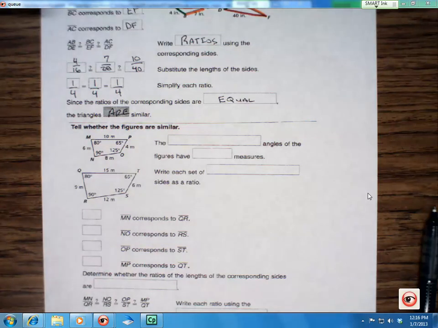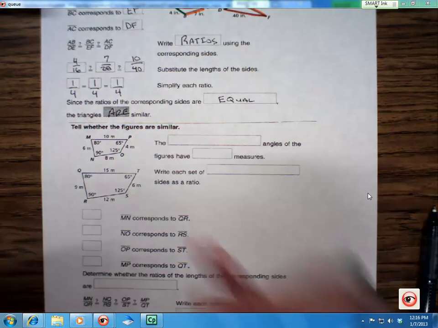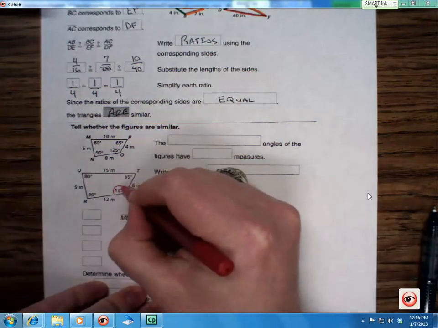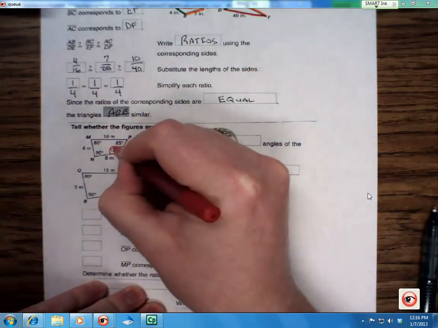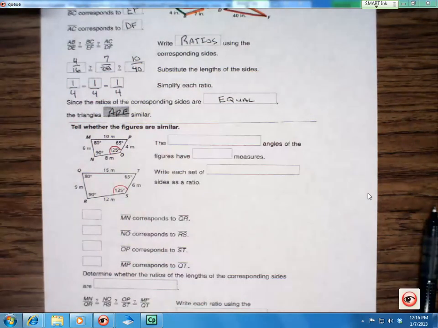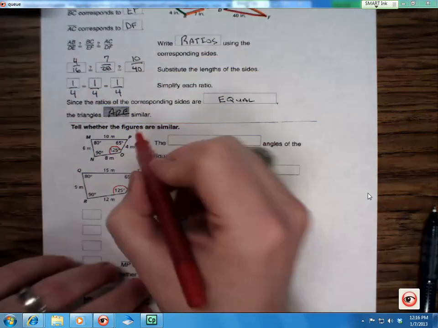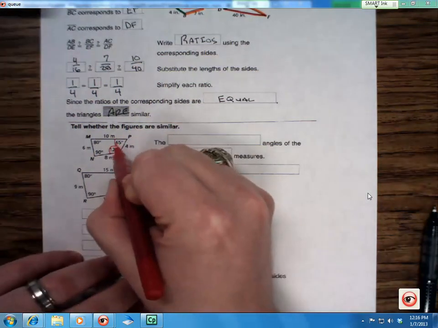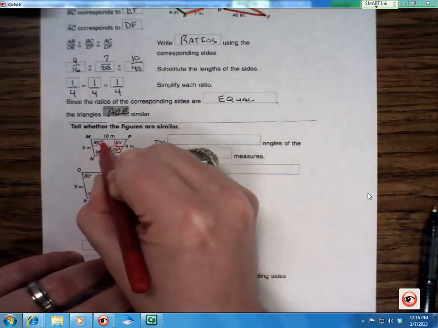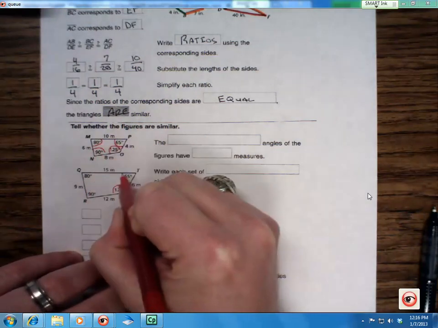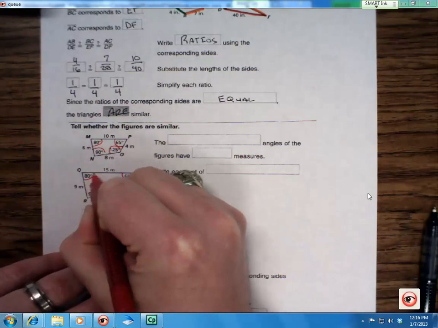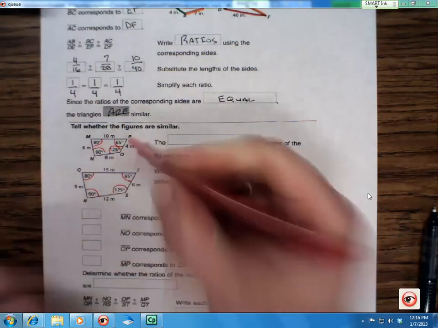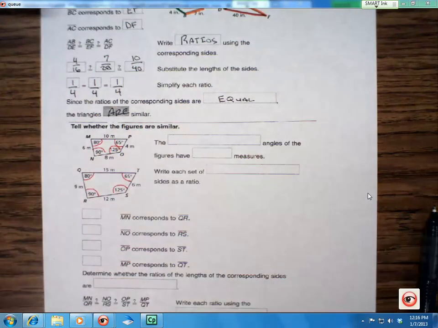Like if these angles were different, which it's kind of easy to see, because they're all the same. But if these angles were different, then these shapes could not be similar. Now, all of our angles are the same, so we can't base our decision on that.